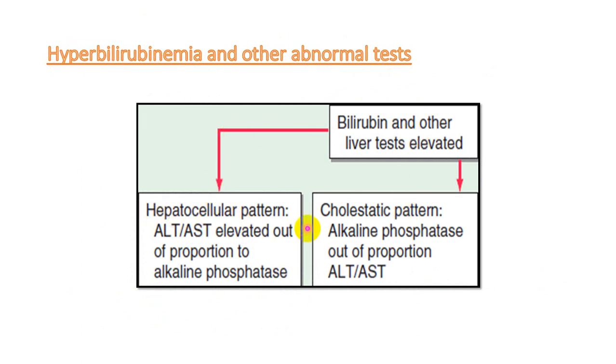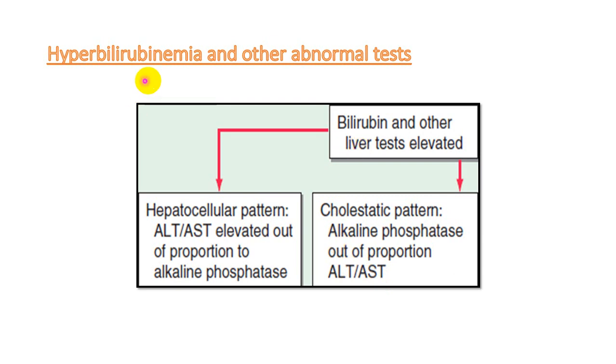In patients with hepatocellular pattern, the aminotransferase enzyme is highly elevated, while alkaline phosphatase is normal or mildly elevated. While in cholestatic pattern, alkaline phosphatase is highly elevated, while aminotransferase is normal or mildly elevated.